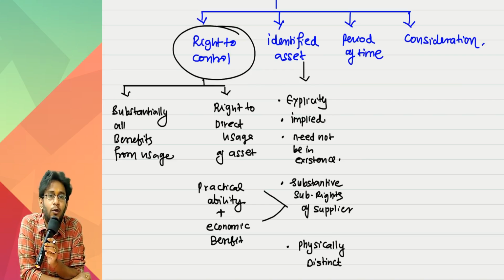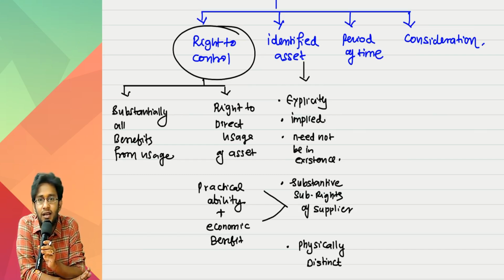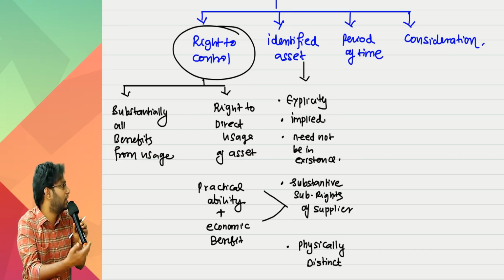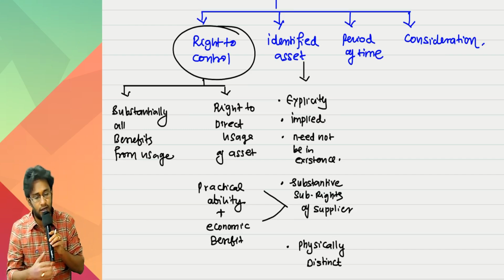Which portion exactly you are taking must be clearly identified in the contract. It must be physically separated from the remaining portions of the asset which you are not taking under the lease. However, the physically distinct point does not apply when you have contracted to take all or substantially all of the asset. Then, even though it is not physically distinct, that is okay.